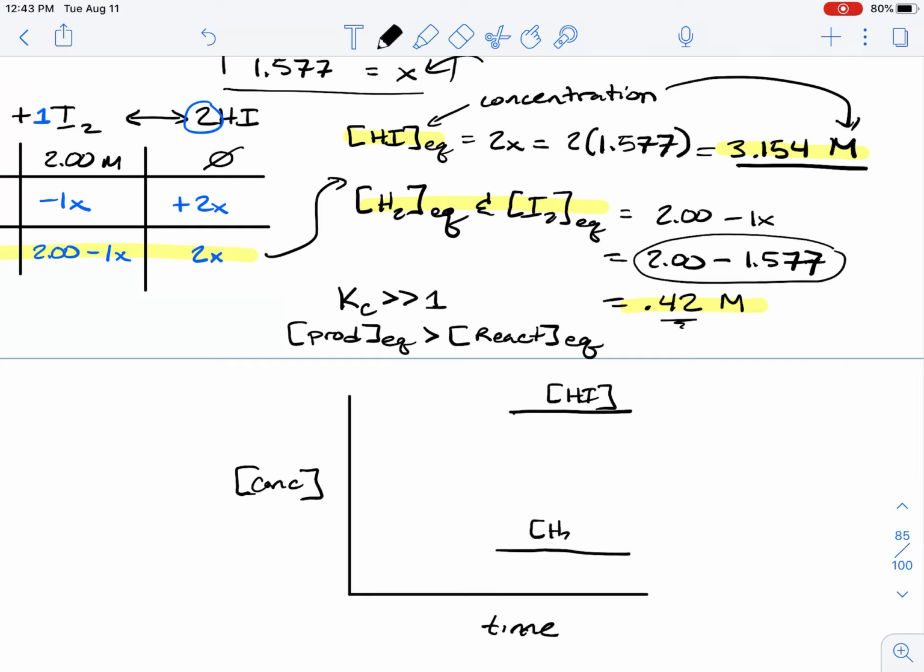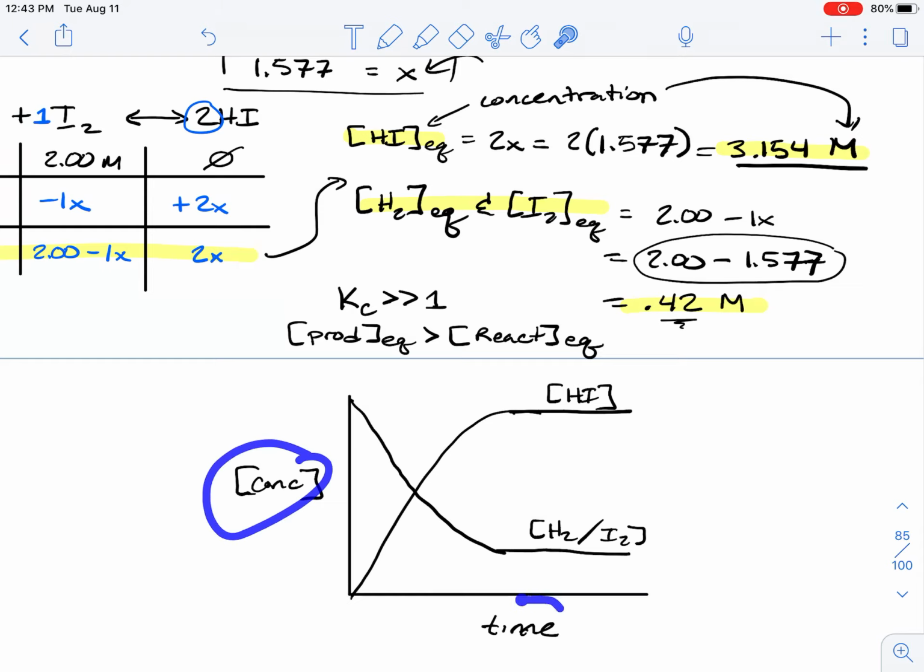So this is going to be H2 and I2. And if we extrapolate those 2 points, then we get a graph that looks like this. Okay, so this is our concentration versus time graph that describes the progress of the chemical reaction until the chemical system has reached a state of dynamic equilibrium.